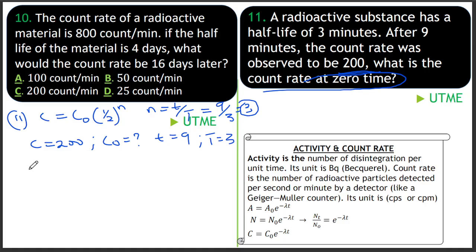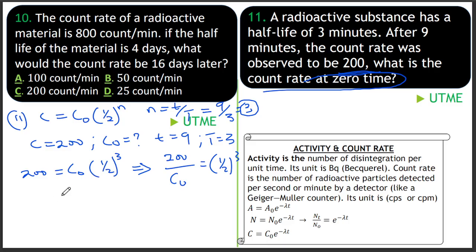Okay, so let's plug in the value. So we have C, which is 200, is equal to C naught, and then n is 3. Okay, so this is the same thing as 200 over C naught is equal to 1 over 2 raised to power 3.